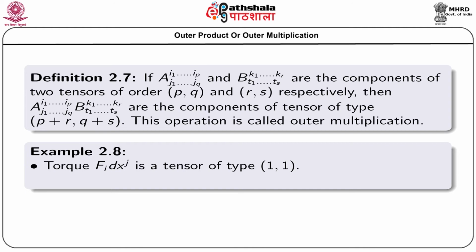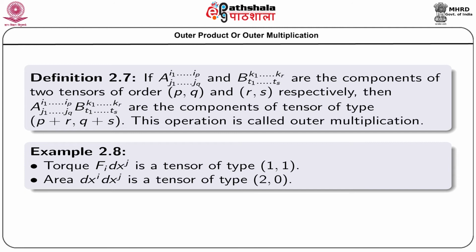For example, we can consider torque as the outer product of the force vector and the displacement vector, F i and dx j, which we can consider as a tensor of type 1, 1.